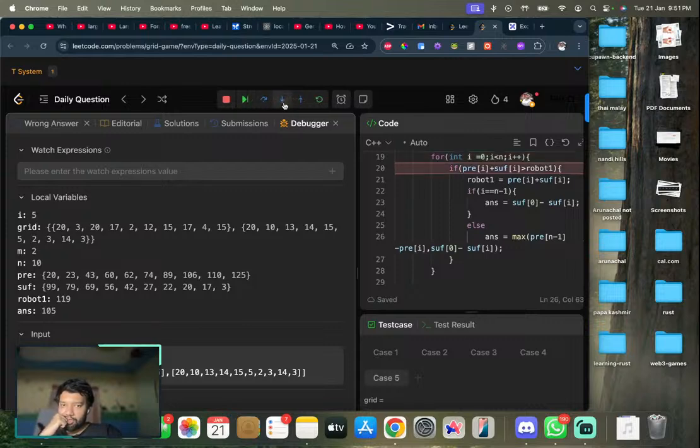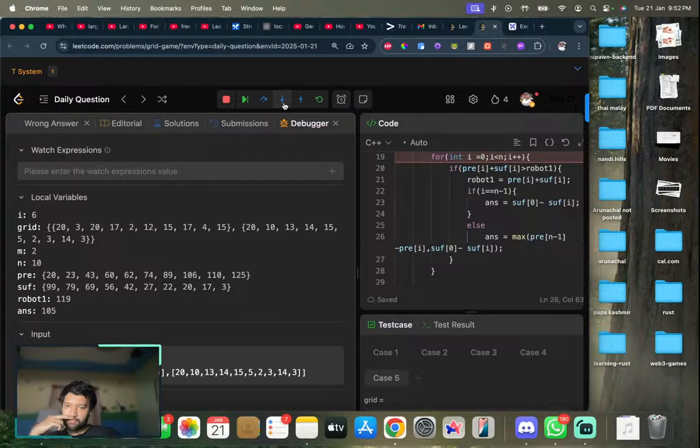One and one will not go. 89 plus 22, 11 will not go. 106 plus 20, 126.